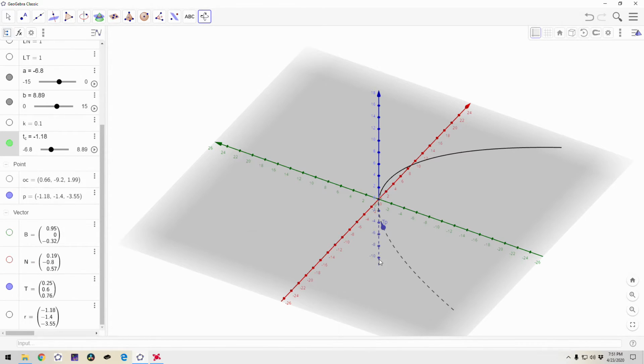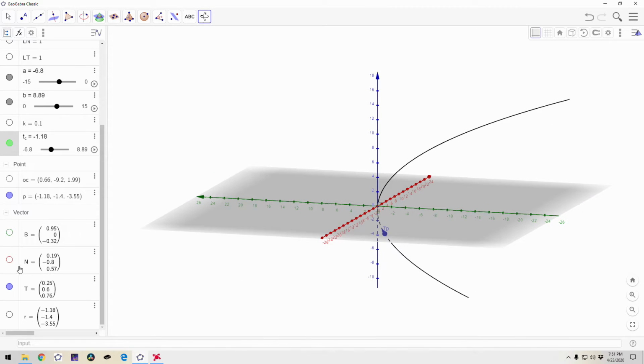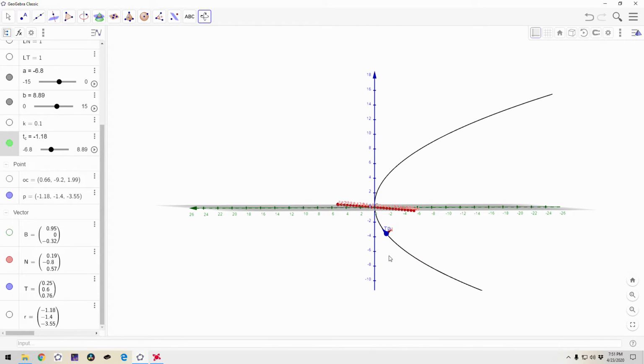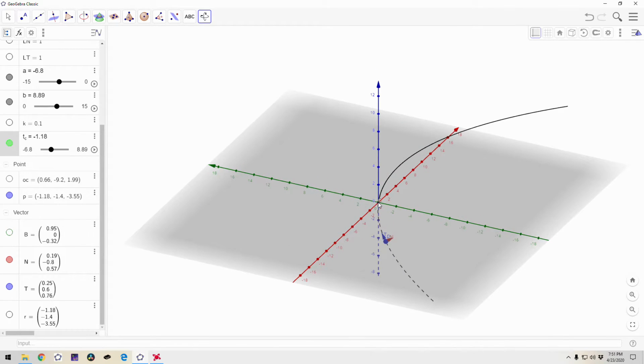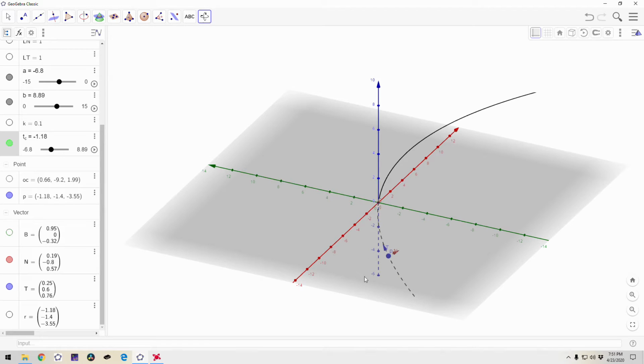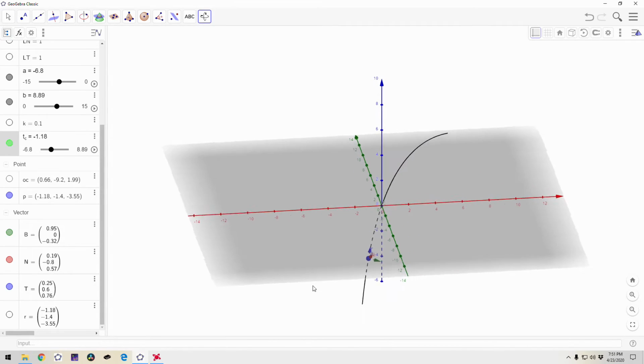See, it's just that little bitty tip right there. You can't hardly see it. Let's look at the normal vector. Normal vector should be pointing into the curvature. Right, there it is. Just that little bitty red tip right there. Okay, so let's zoom in a little more so that you can see them. Yeah, there they are. And then, of course, the B vector points in the planar direction there.